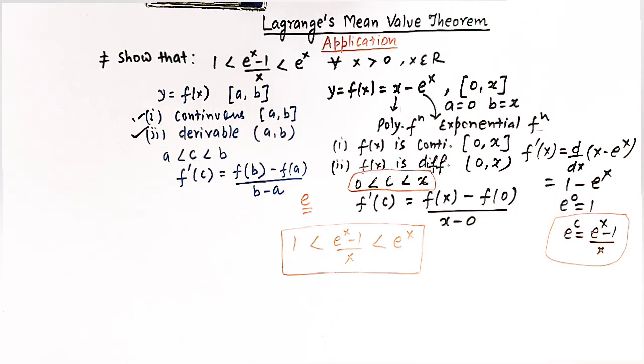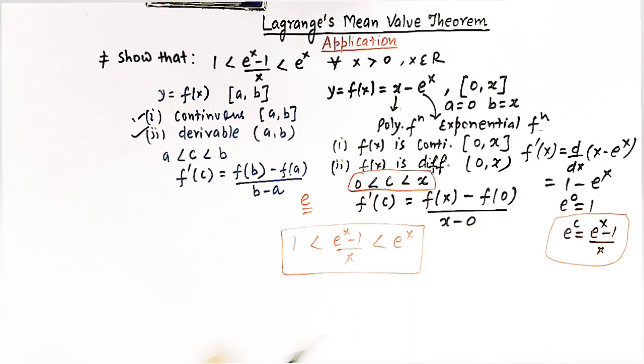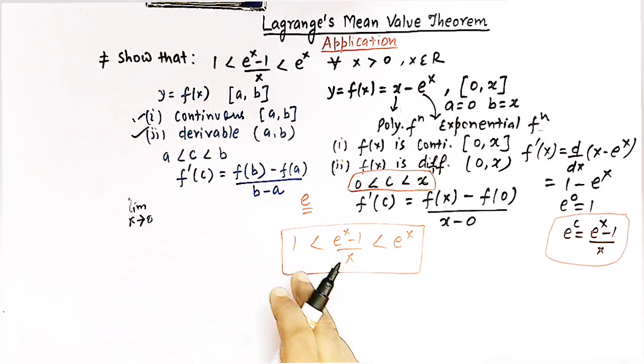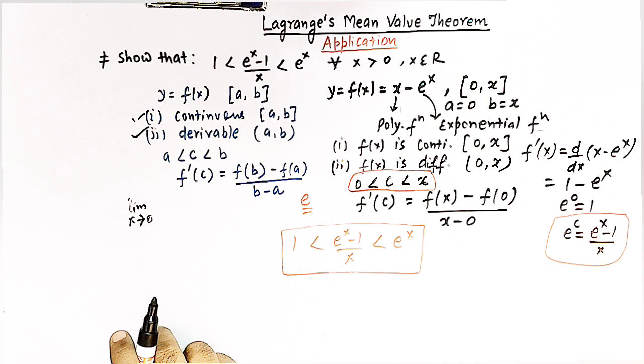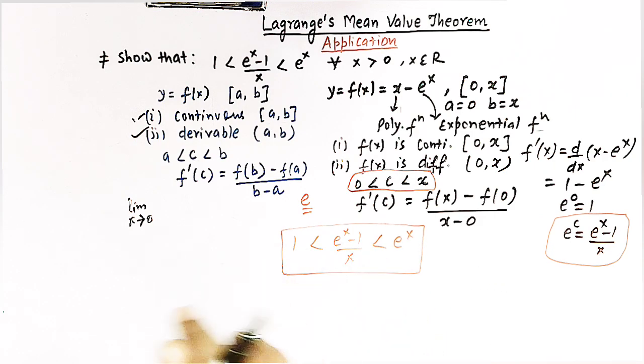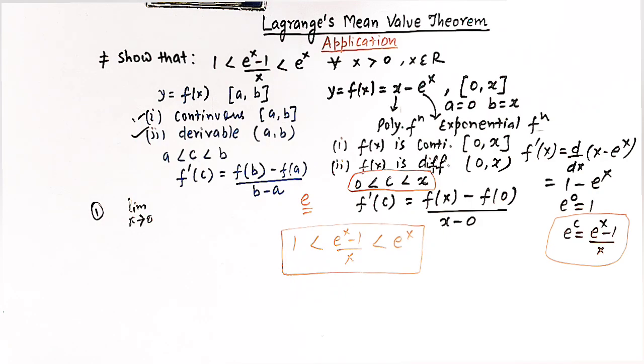So now let us take two important results or deductions using this inequality, right? Now see, if we take limit x tends to 0 throughout this inequality, right? So now we are making two important deductions using this inequality. So the first one will use the concept of sandwich theorem or the squeeze theorem.